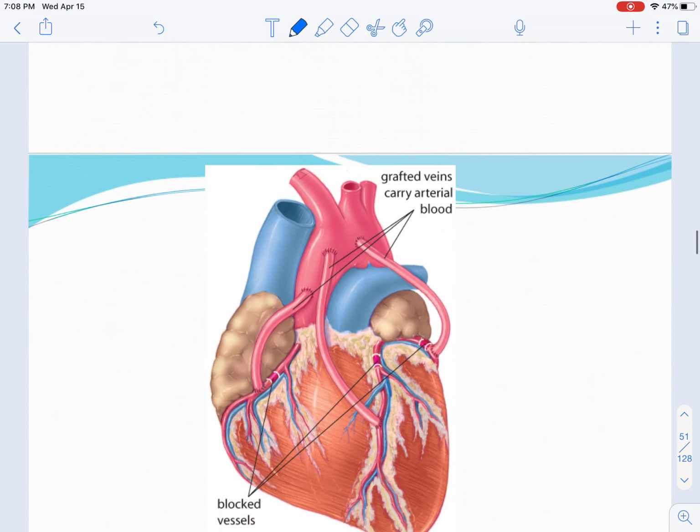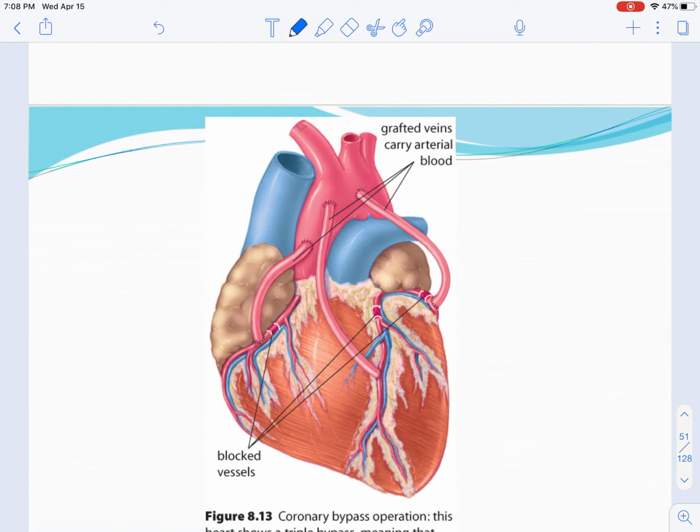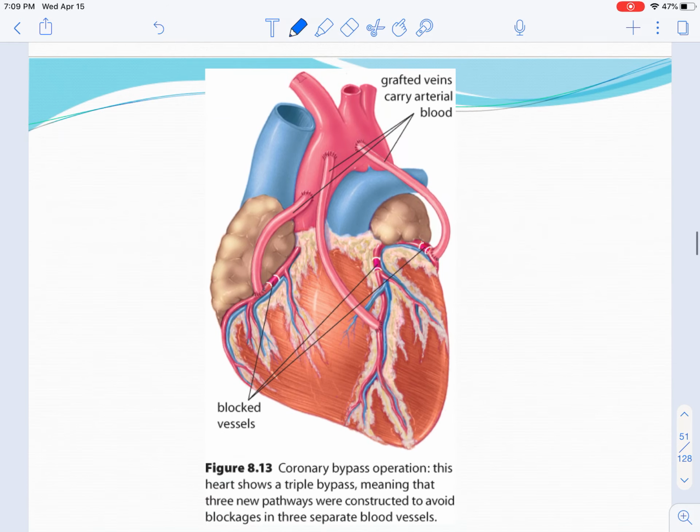Bypass, coronary bypass, would be if there is a damaged and blocked vessel. What they could do is take a grafted vessel, a vein from some other place in the body that doesn't really, vessels can regrow, especially small vessels.